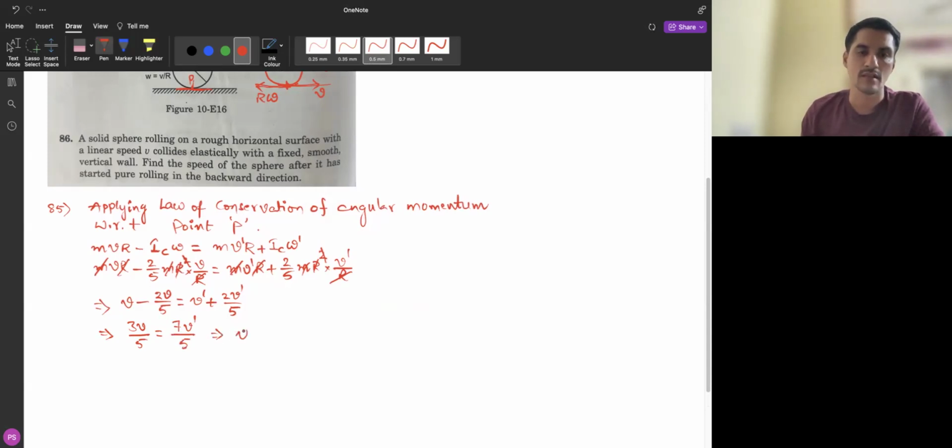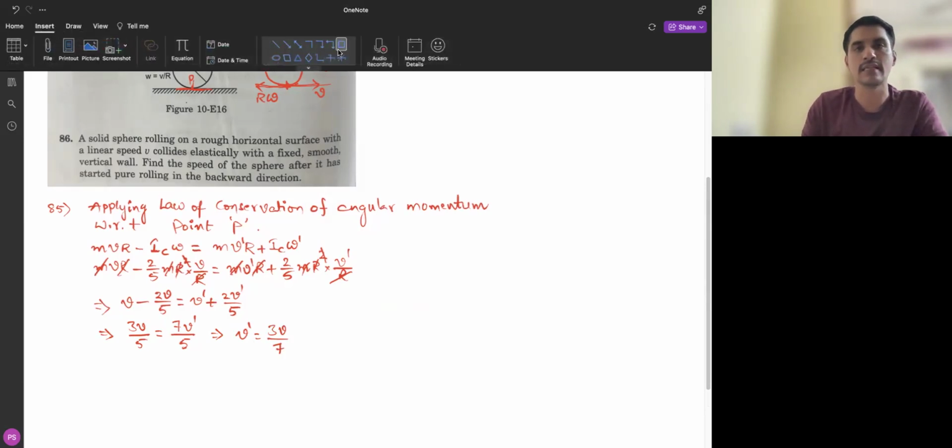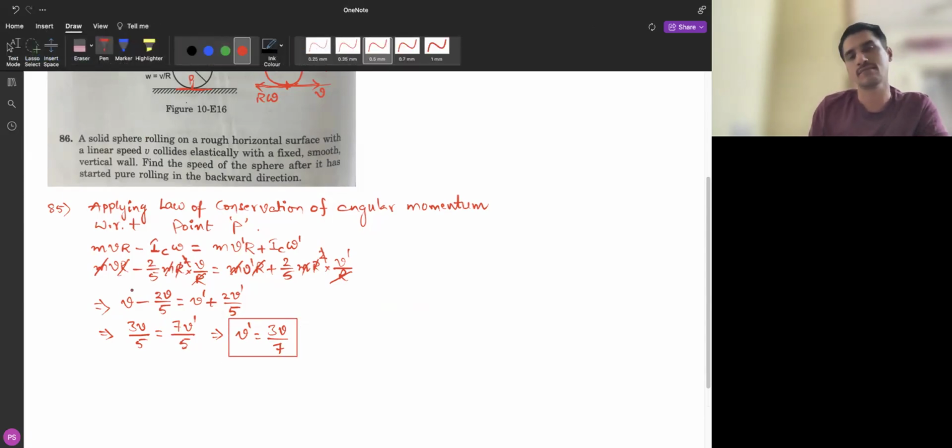Therefore, that implies v dash is equal to 3v by 7. V dash is equal to what? It is 3v by 7. That's it.